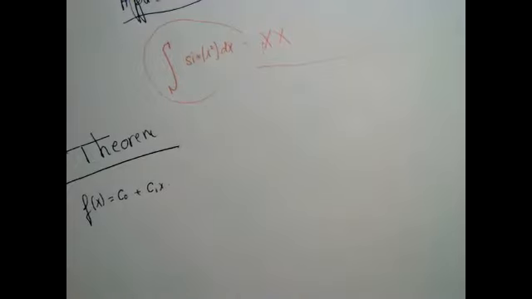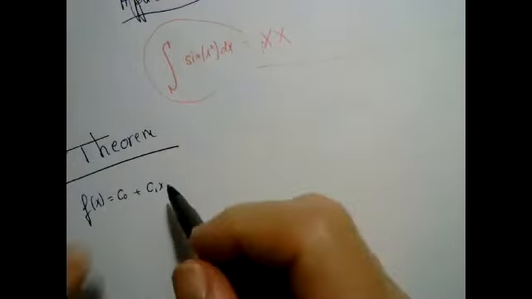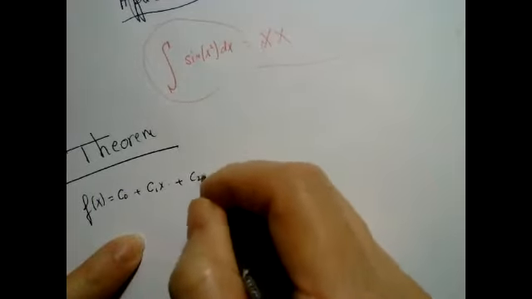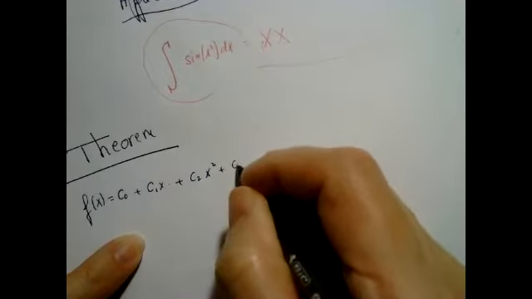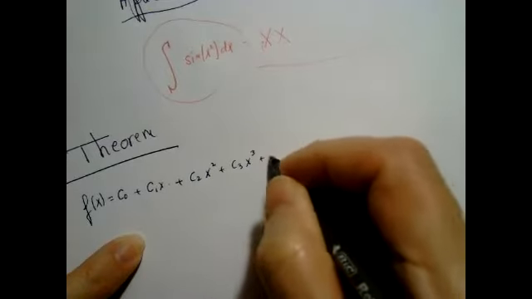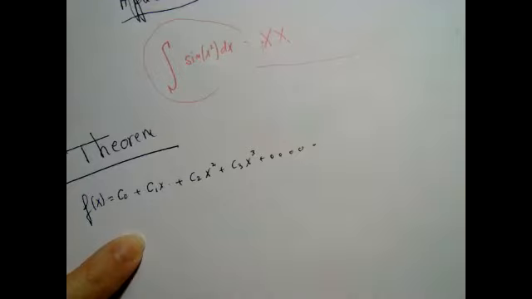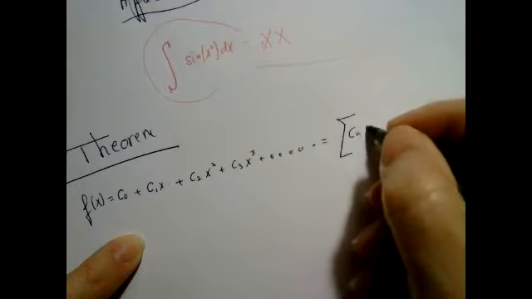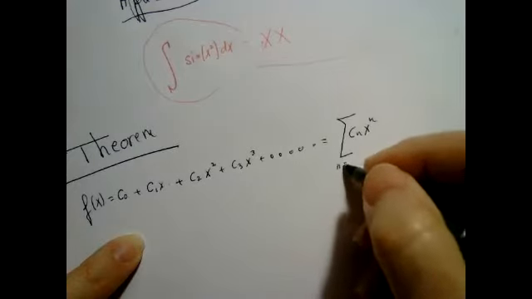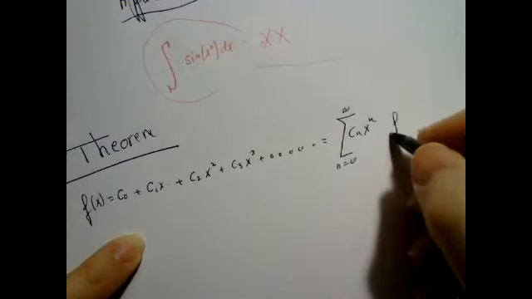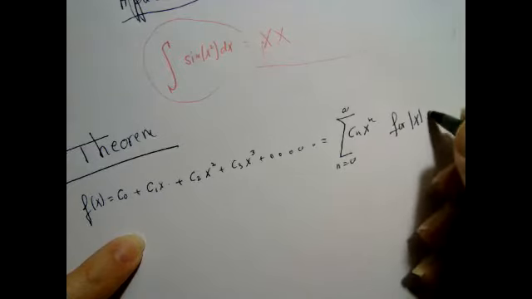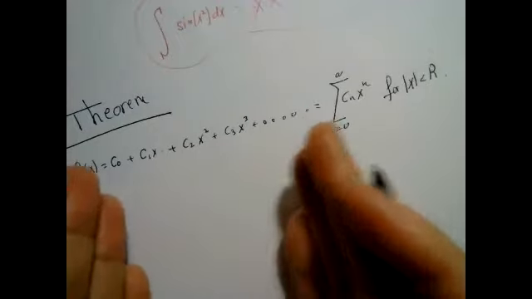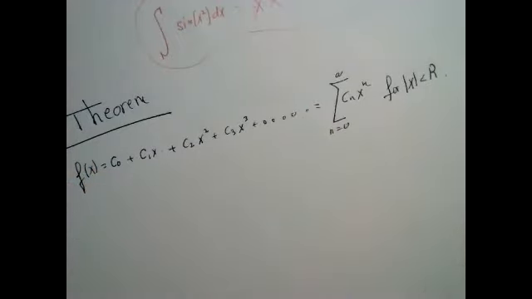I'm going to put it as a series in x to make it simpler, but instead of x we can have x minus a. And if you want, we can go all the way to sigma notation. Let us suppose that this holds when the absolute value of x is less than a certain number r, because we know that convergence occurs not for all x, but for absolute value of x less than r.